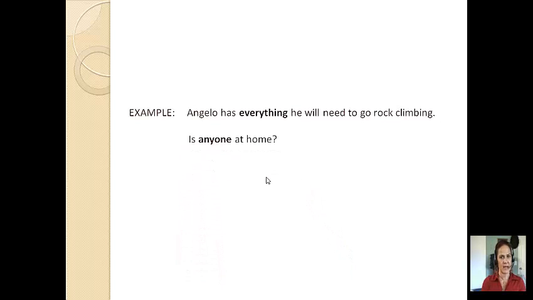Is anyone at home? Anyone is not identified to the name of people or the number of people, but it is an indefinite pronoun relating to people. Or pets, I suppose. Most of the birds have already flown south for the winter. Most is your indefinite pronoun.